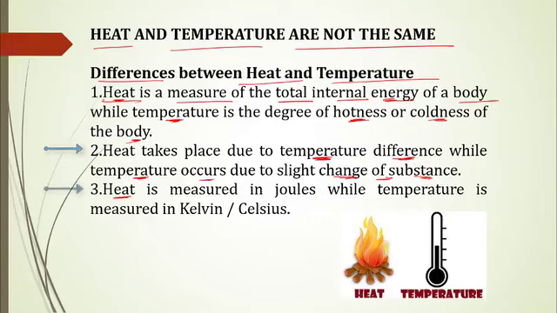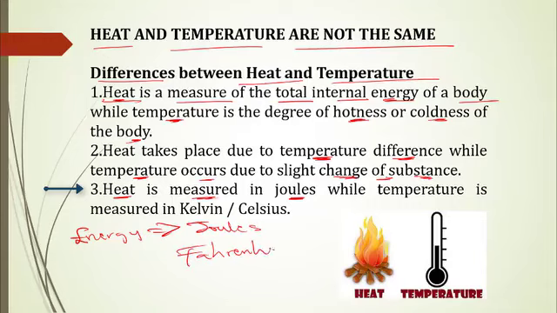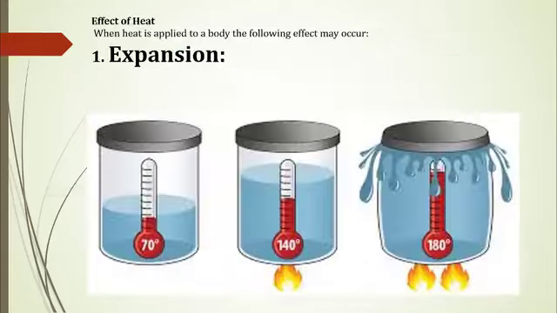Heat has its unit and it is measured in joules because it is an energy. We all know that for energy, the primary unit for measuring energy is joules. Heat energy or thermal energy is not an exception. On the other hand, temperature is measured in Kelvin, in Celsius, or in Fahrenheit, like we mentioned earlier.